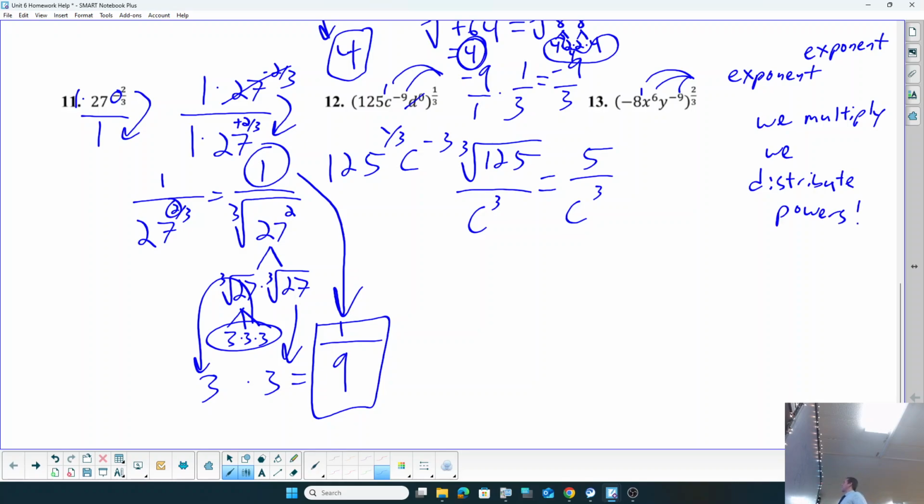Cool. So that means we're going to go ahead and distribute now. That's going to be -8 to the 2/3 power. We have x times, because basically that's 1 times that. This one is 6 times the 2/3. And this one is y to the -9 times the 2/3.